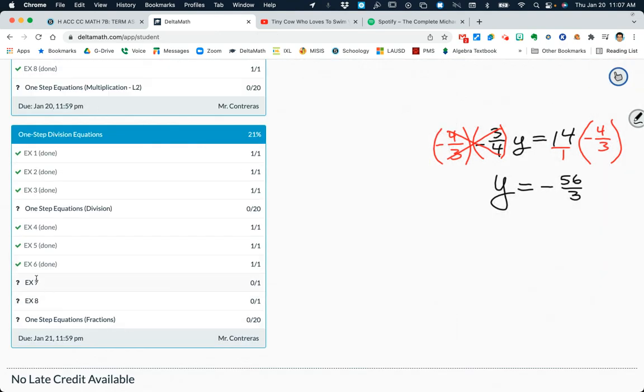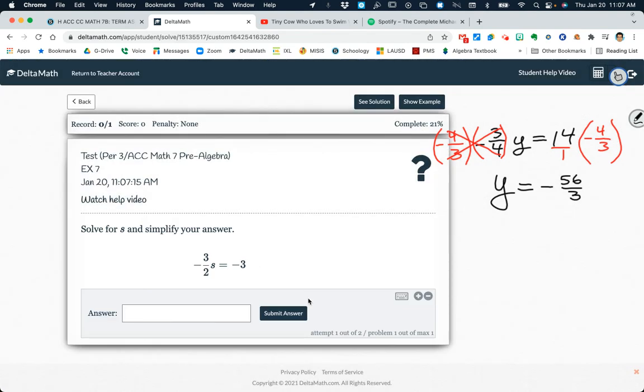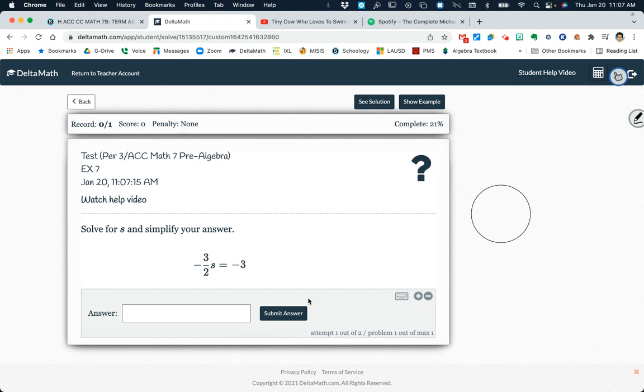All right. Just have a couple more. And another negative. You know, Delta Math loves to use s as a variable. You notice that? And my s's look like 5, so there you go. You got my cursive s. What am I multiplying by on both sides? Help me out.